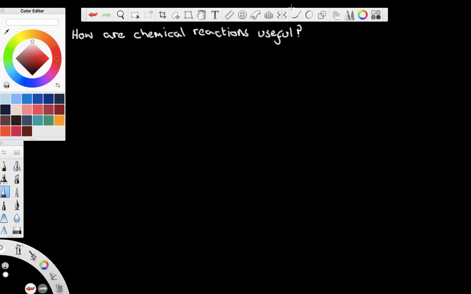Now, we can make lots of useful substances with chemical reactions. So, lots of useful substances are made by chemical reactions.